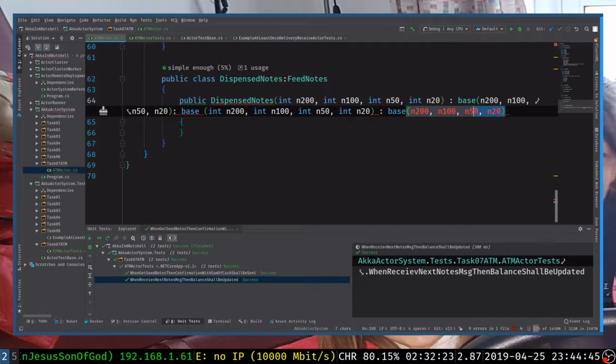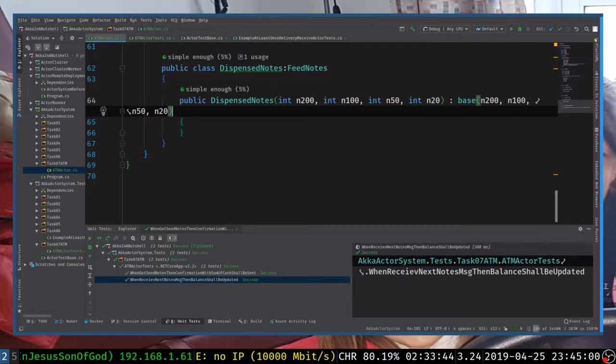What I did right now, almost everything. Okay, alright, that's done already. Too much screens. Okay, that's fine.